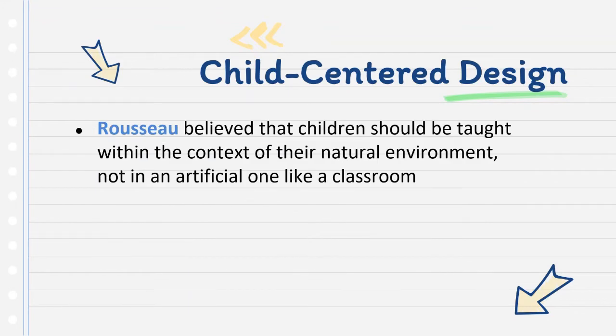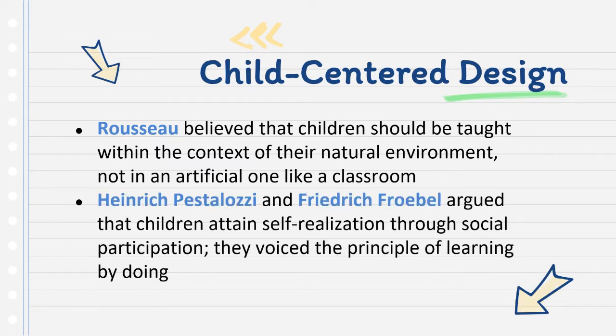Rousseau believed that children should be taught within the context of their natural environment, not in a classroom. And Heinrich Pestalozzi and Friedrich Frobel argued that children attain self-realization through social participation. They voiced the principle of learning by doing.